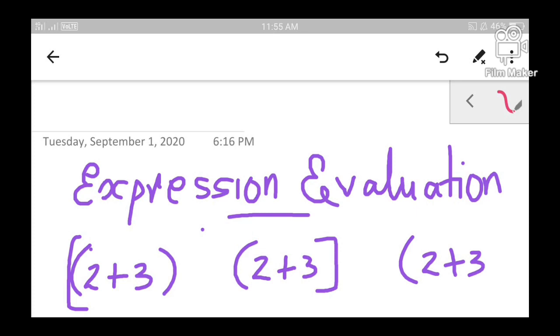Here the opening is a normal left parenthesis, but the closing is not used a right parenthesis. Instead I have used a square parenthesis, and since these two brackets do not match, this expression is also not a valid expression. So an expression can be termed as valid only if there are matching parentheses and there are equal number of left and right parentheses.